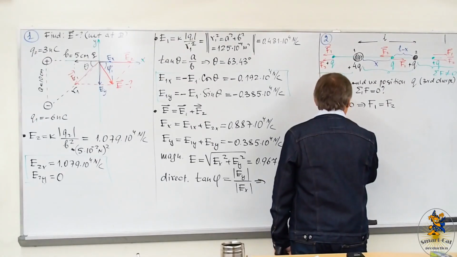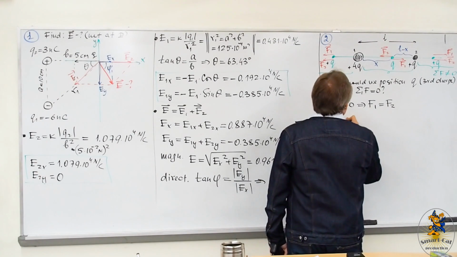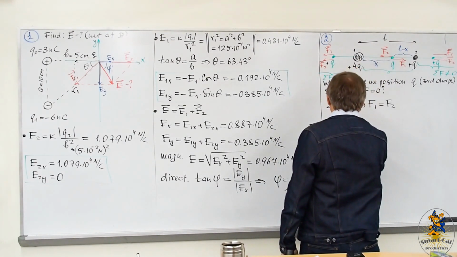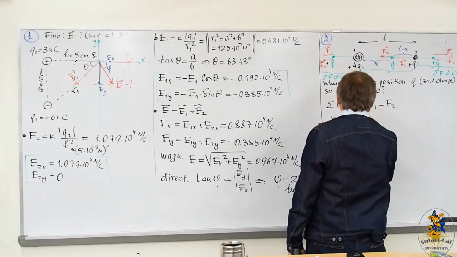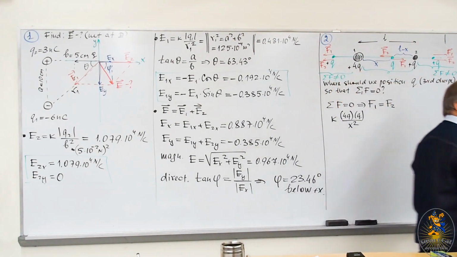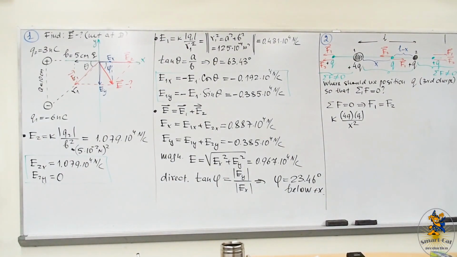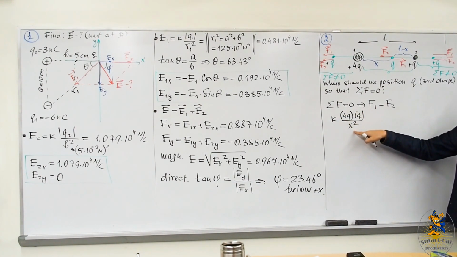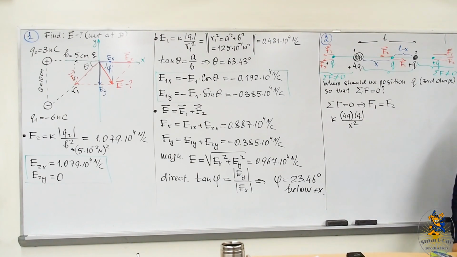I can write K. F1, it's this and that charge, so it will be 4Q times Q divided by x to the power of 2. Coulomb's law, force F1, right? K, Q, q over r squared, but in this case r is x.